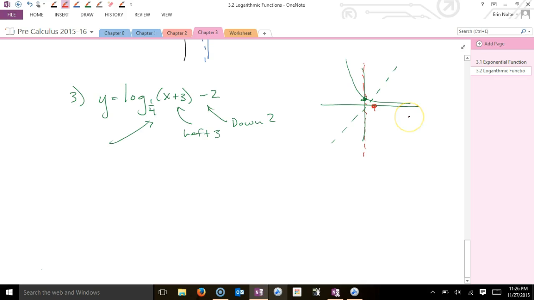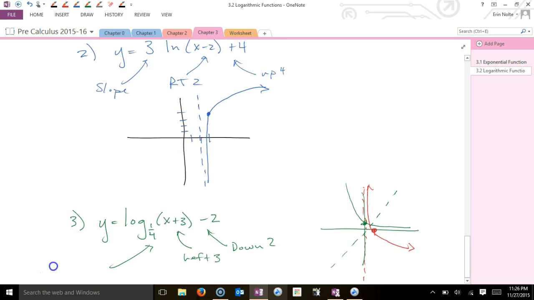So, hold on, I have to visualize this. There we go. That's pretty good. What does that look like to you? This is what it looks like to me.